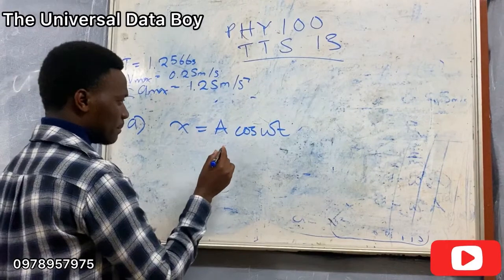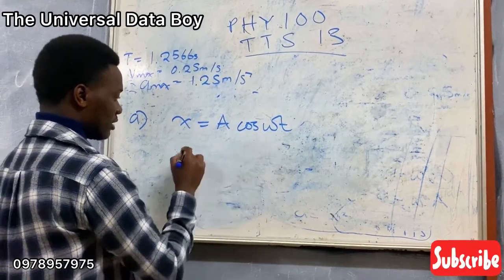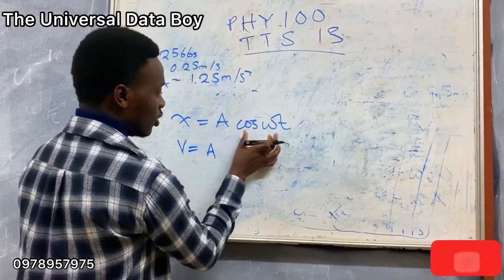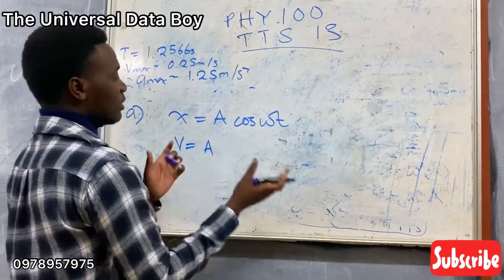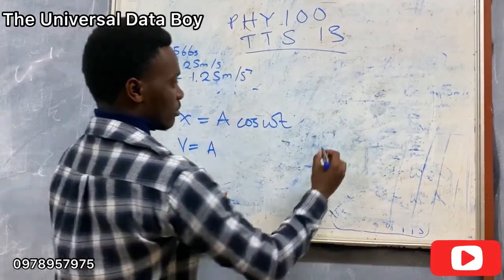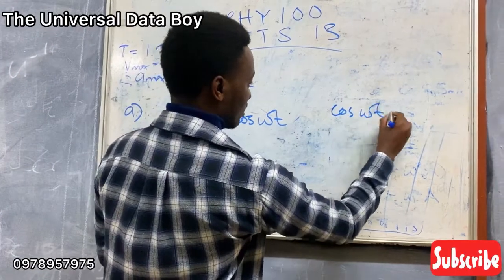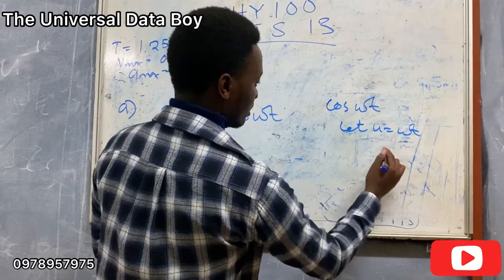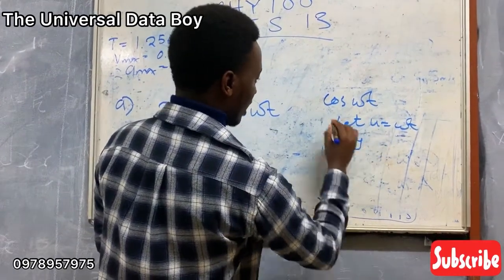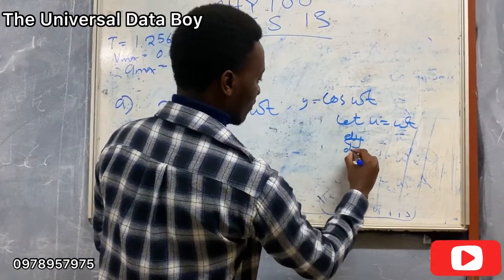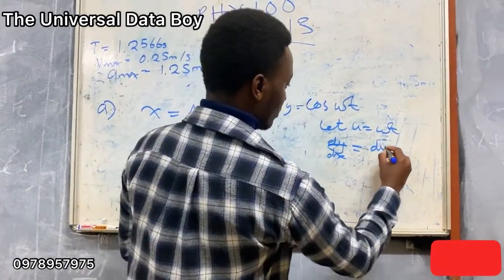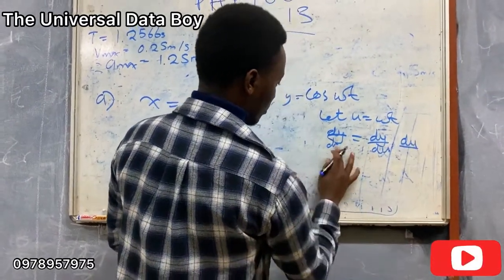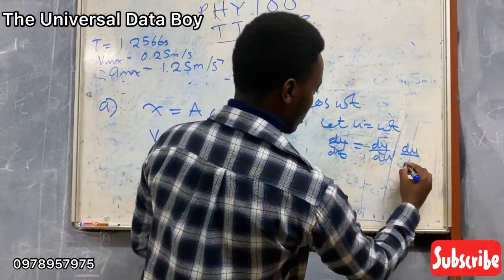So now we find the derivative of this. V is equal to, we're going to get this as a constant A, then we find the derivative of cos WT. Typically we use the substitution rule, where we let U equal to WT, then dy over dt is going to be equal to dy over du, then du over dt.